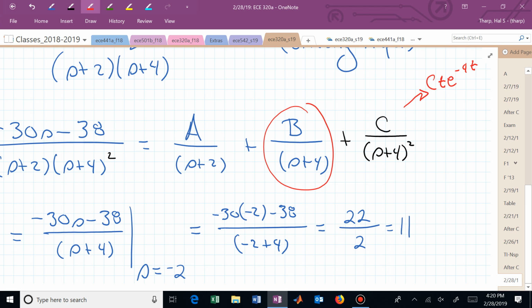And now what you need to do when you go on your spring break and you're in the restaurant and you're drawing on napkins and looking at proper and improper, you go, what in the world does t e to the minus 4t look like? That t just keeps going, but e to the minus 4t dominates. So you kind of go up and then down. So as time gets really big, this c t e to the minus 4t is well behaved.